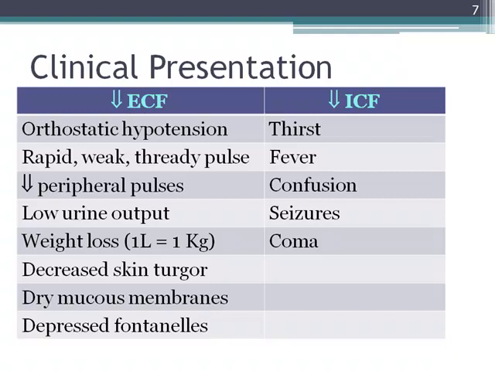And that's one of the key things that differentiates these conditions that we're talking about tonight from the ones we talked about last week, which were isotonic. Because with isotonic fluid changes, there is no shift of water into or out of the intracellular space, and so we don't have those mental status changes. Here we do.